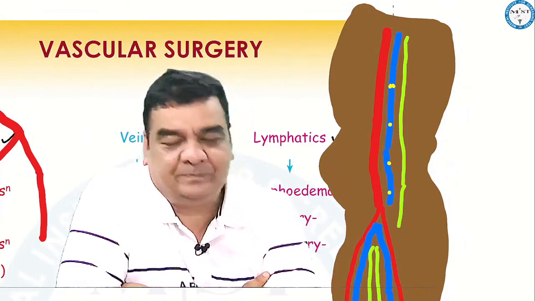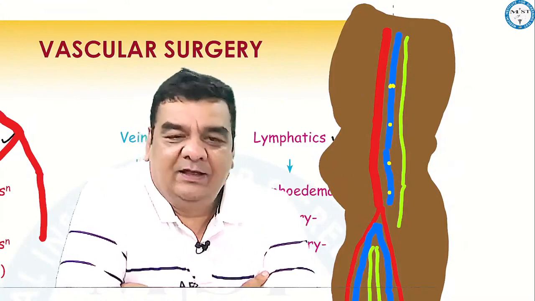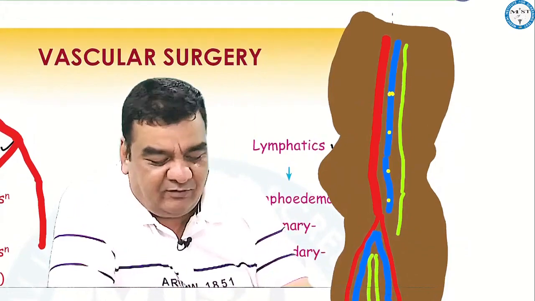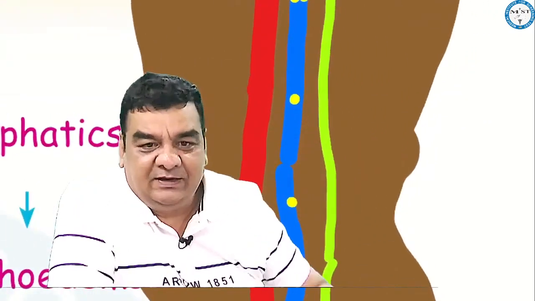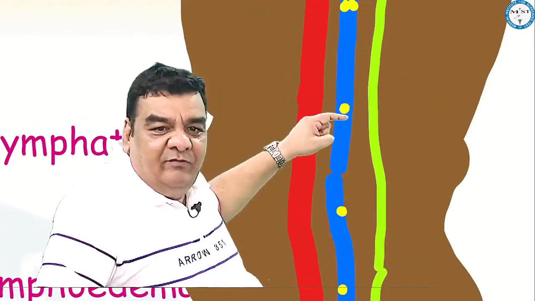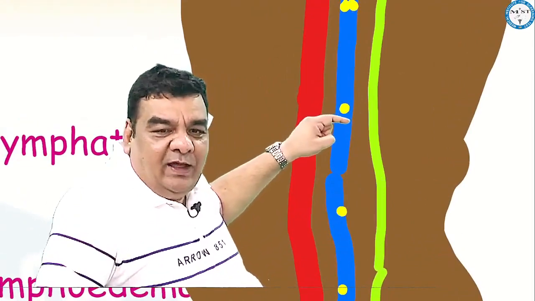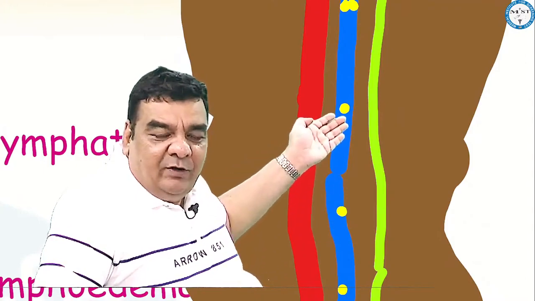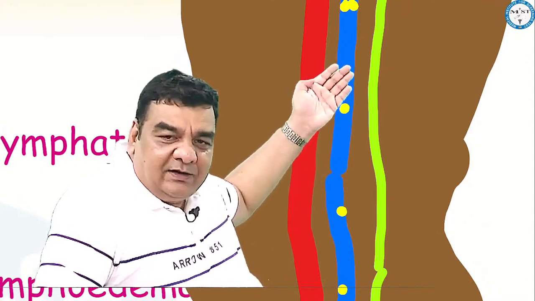Right, beta? Fine. Now let us talk something about the veins. If suppose we try to create a traffic jam in the vein, now what will happen? The deoxygenated blood will not be going towards the heart.